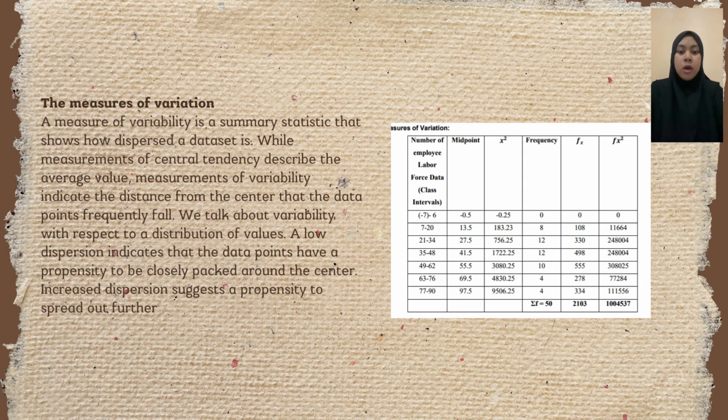The measures of dispersion or measures of variability is a summary statistic that shows how dispersed a dataset is. While measurements of central tendency describe the average value, measurements of variability indicate the distance from the center that the data points frequently fall.